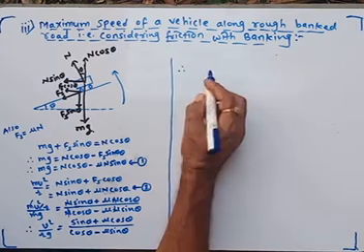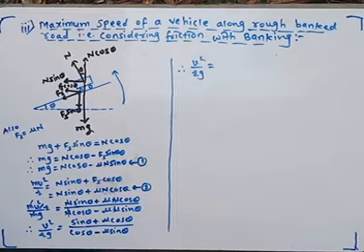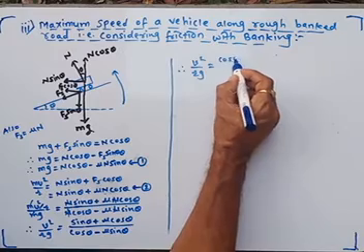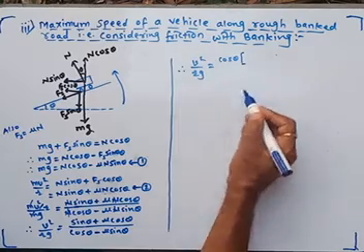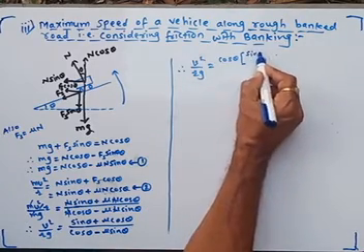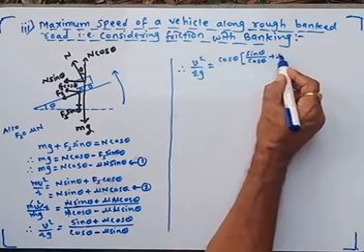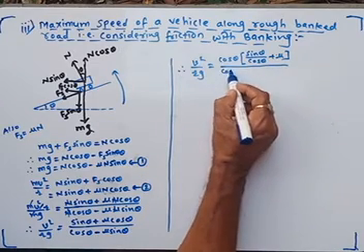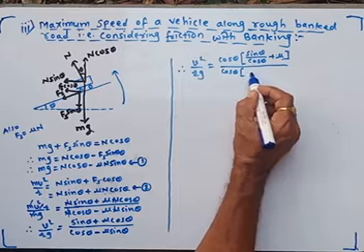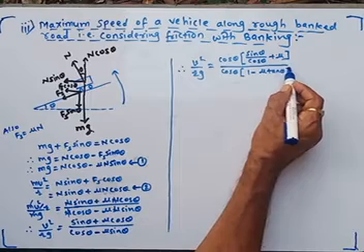Therefore, here we take cos theta from numerator as common, so v square upon rg is equal to cos theta into bracket sin theta upon cos theta plus mu. In the denominator we take cos theta as common, then we get 1 minus mu tan theta.